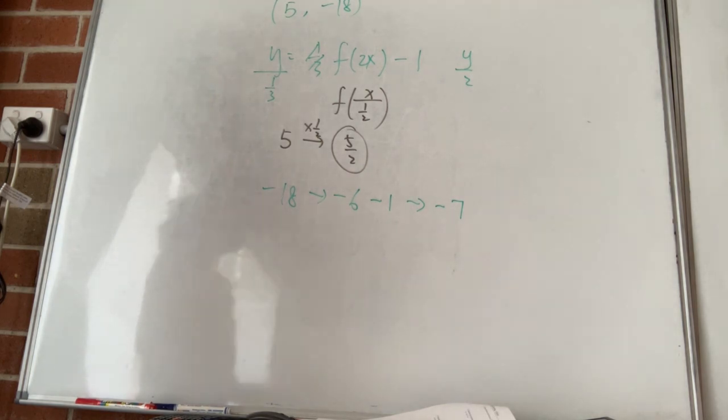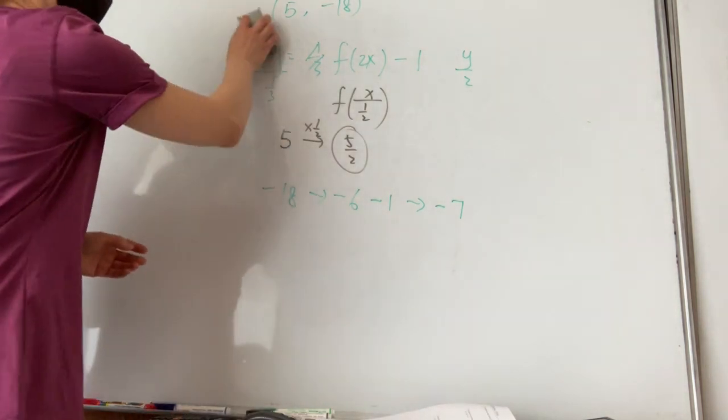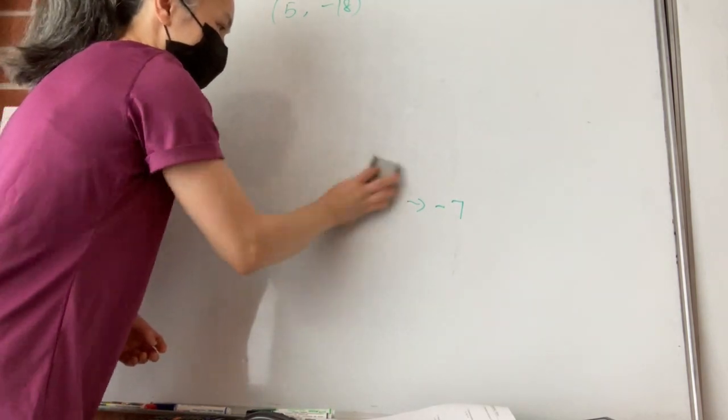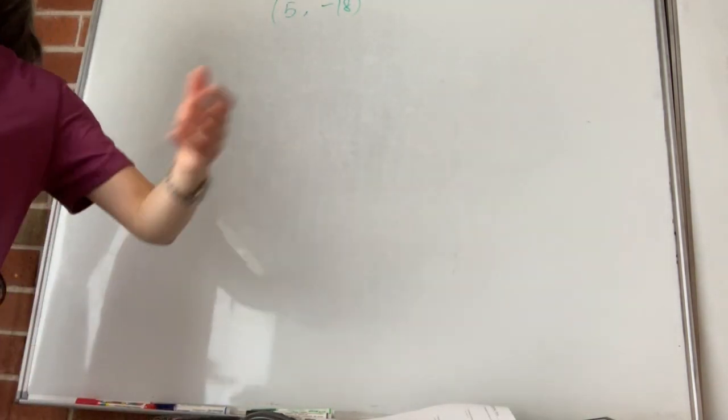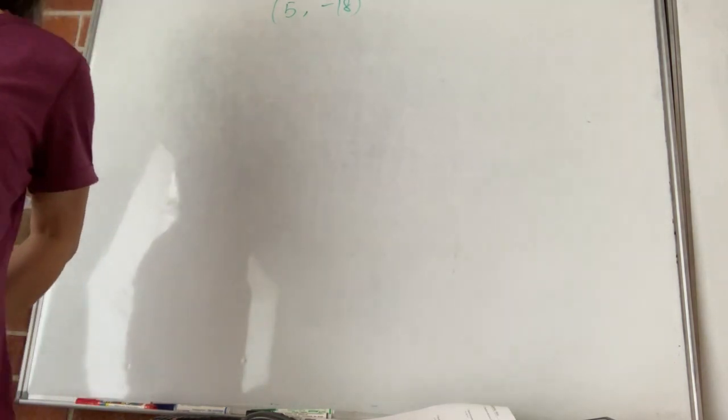Alright, let's try again with the second question. Question B, the x. What will happen to the x? What is the factor? Times it by 3. Yes, times it by 3 because that is your factor, so it becomes 15.